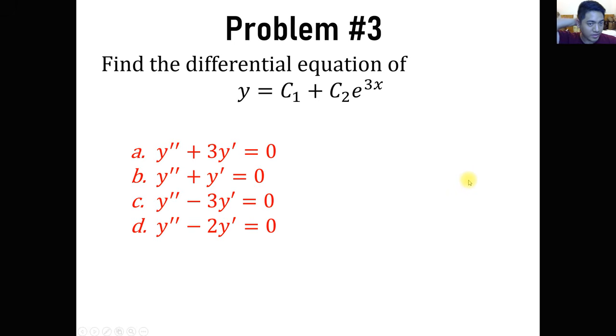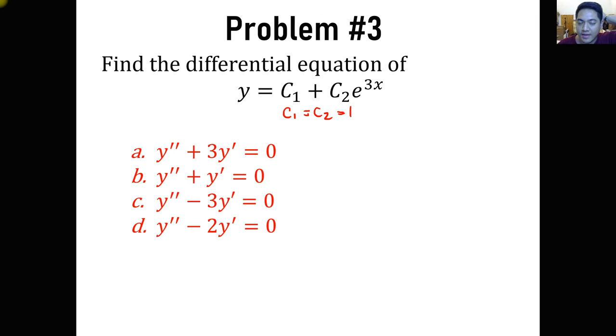So for problem number 3, we have two arbitrary constants. So for this one, we have to let c sub 1 and c sub 2 equals to 1 again, because that's the arbitrary constant.